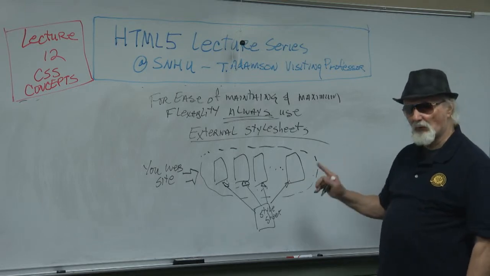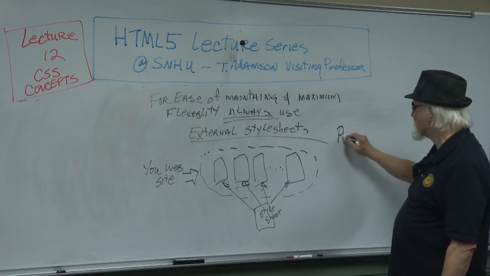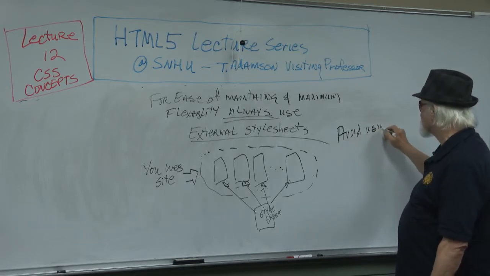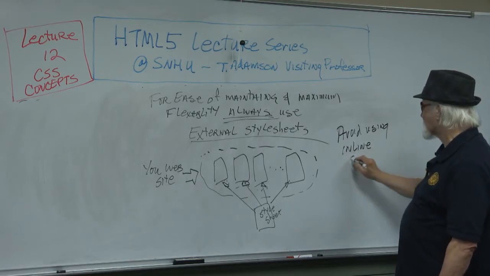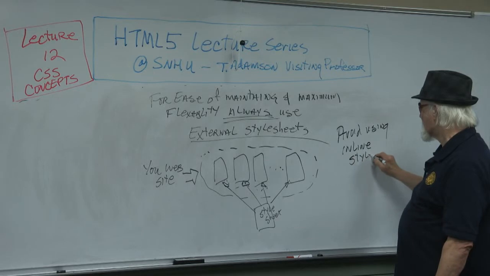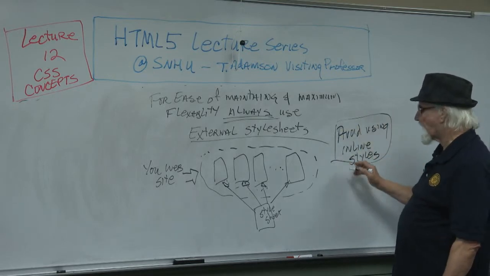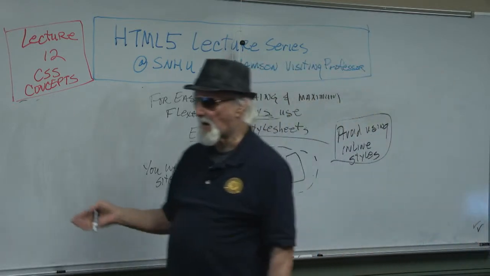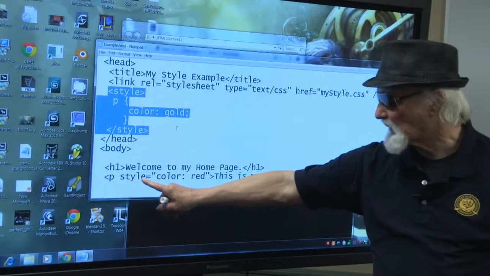One of the things you don't want to do is avoid using inline styles. In other words, avoid mixing HTML with a style attribute. Avoid, coming back on the screen here, if you could, please. Avoid doing this.